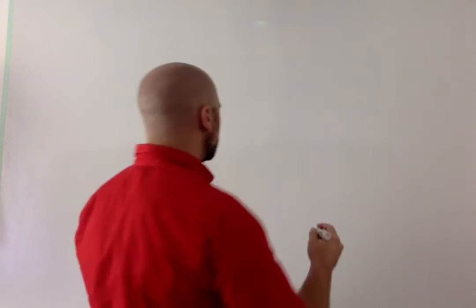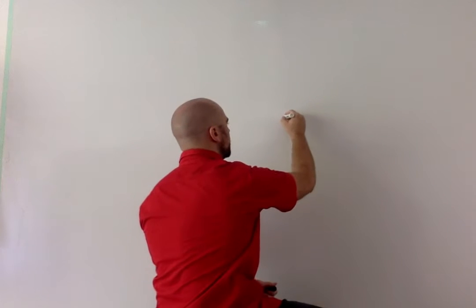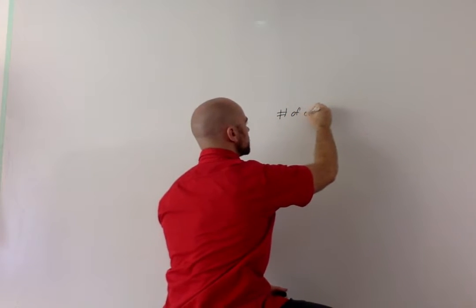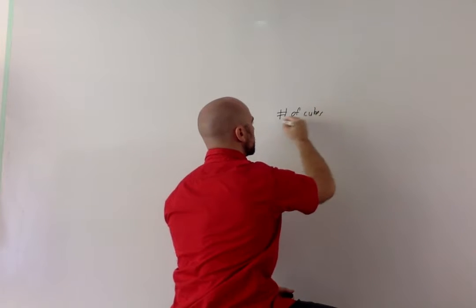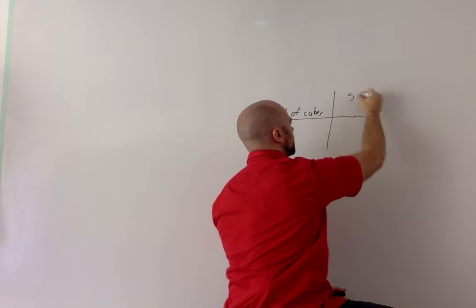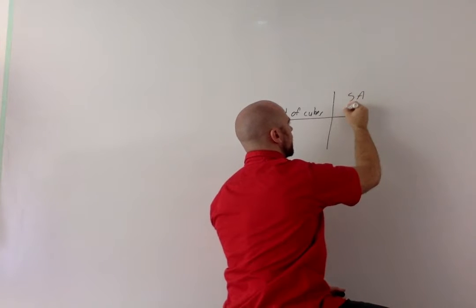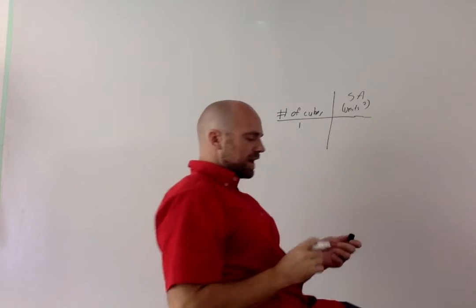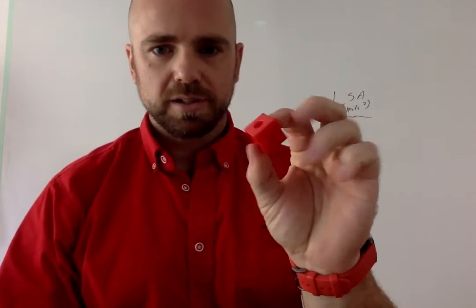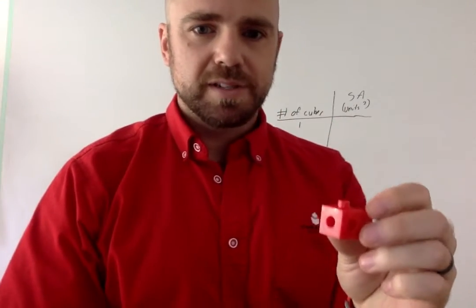So what we're going to do is a little chart. We have the number of cubes, and then the surface area in units squared. If we have just one cube, what will the surface area of this be?